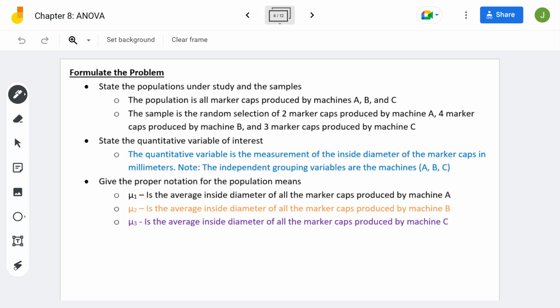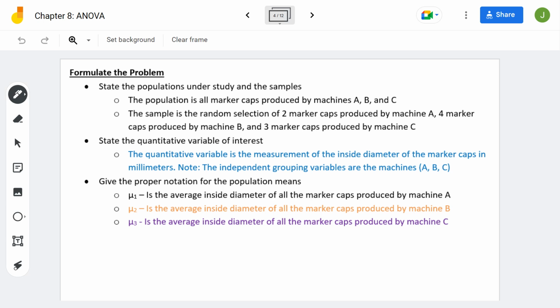So the first thing that we have to do is formulate our problem, and so we want to state the populations under study and the samples under study. The population would be all marker caps produced by machines A, B, and C. The sample is the random selection of marker caps produced by each of those machines respectively. The variable that we're interested in is a quantitative variable.